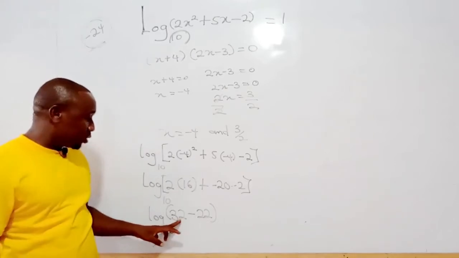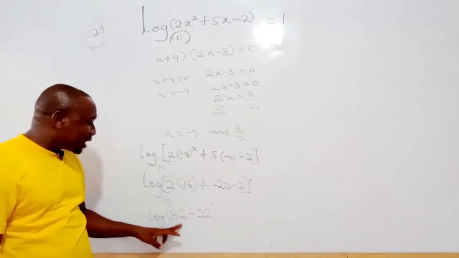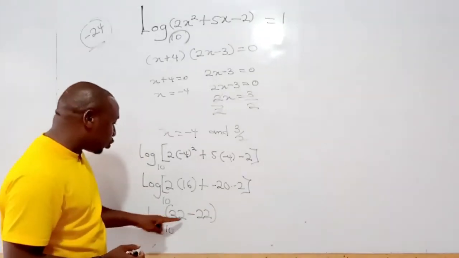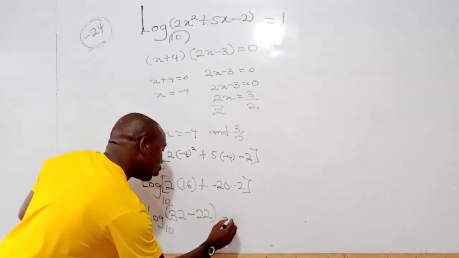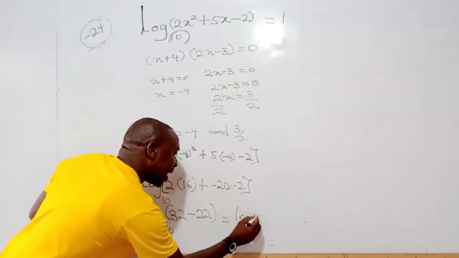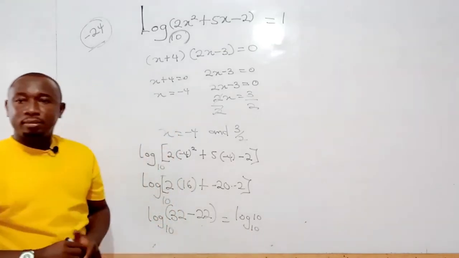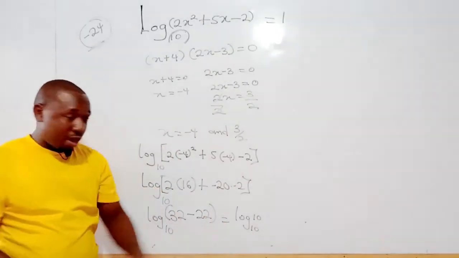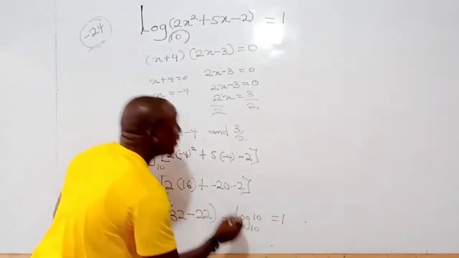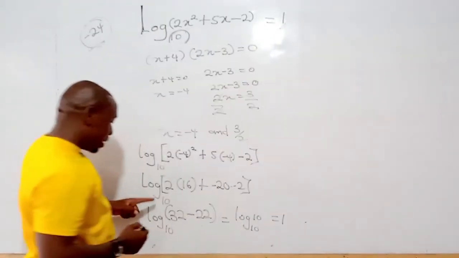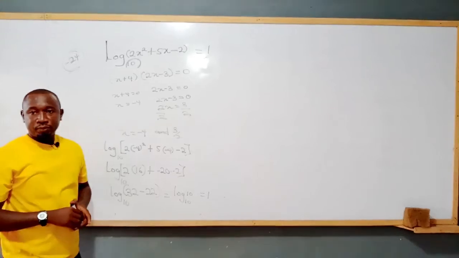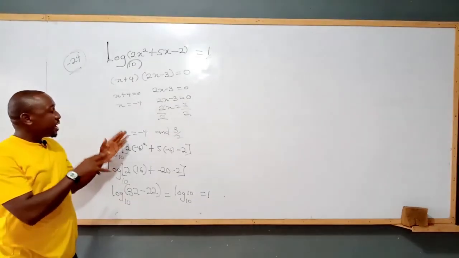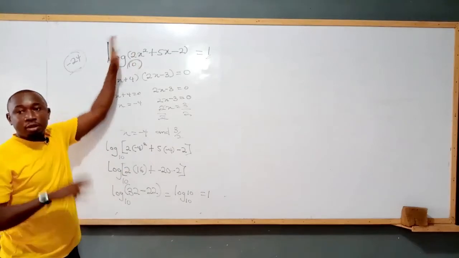Now 32 minus 22 is equal to 10. So log of 32 minus 22 to the base 10 is equal to log 10 to the base 10. And the log of any number to the base of the same number is equal to 1, and that makes the equation true. That is, if x is equal to negative 4, the equation is true.